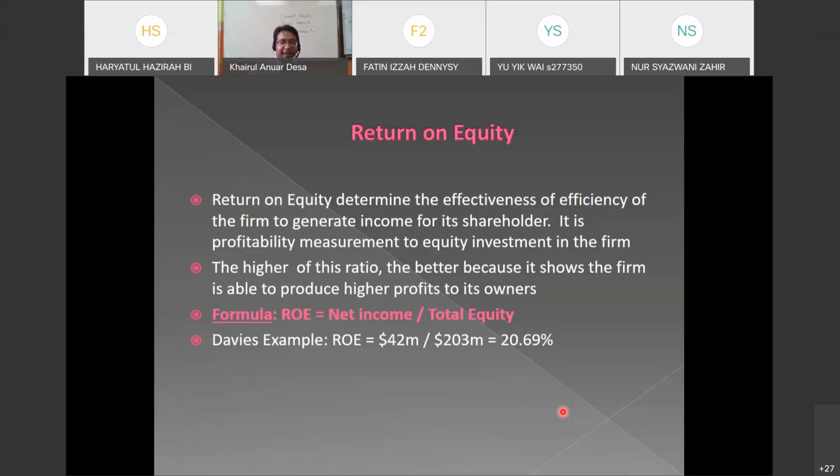Then why you say so? Give your justification. I don't know. Macam mana kita nak tahu syarikat kita ni bagus dalam ROE? Apa kita perlu buat?